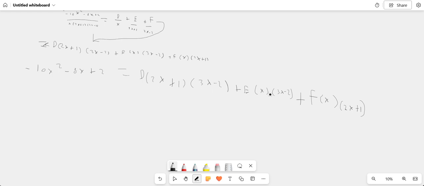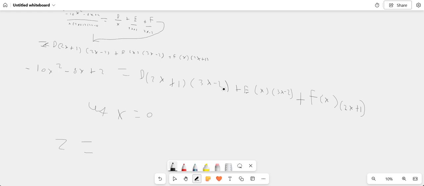Because of that, let's eliminate the ones with the x. So eliminate E and F first. Let x equal 0. Standard. So that's minus 10 open bracket 0 squared, which is 0. Minus 8 times 0 is 0. Plus 2 is just 2. And then 0 on this side, obviously 0, so that's going to be 2.